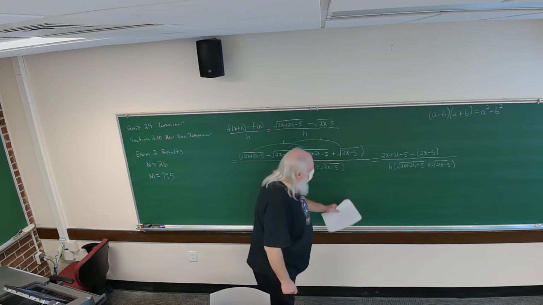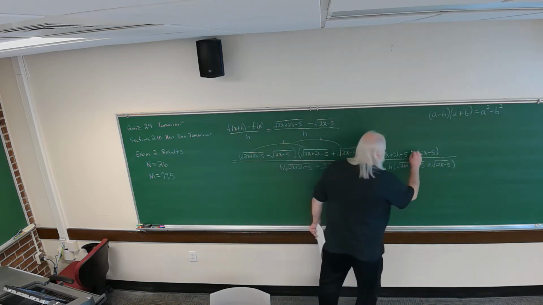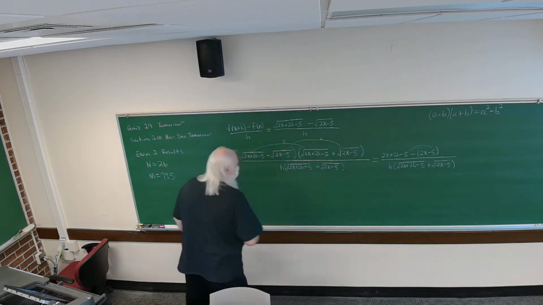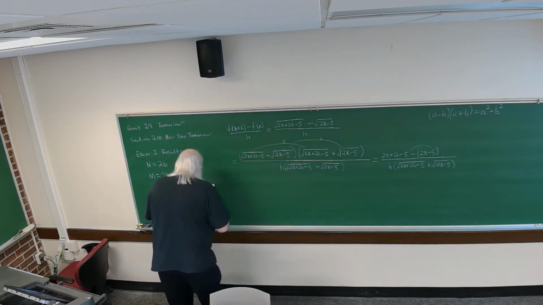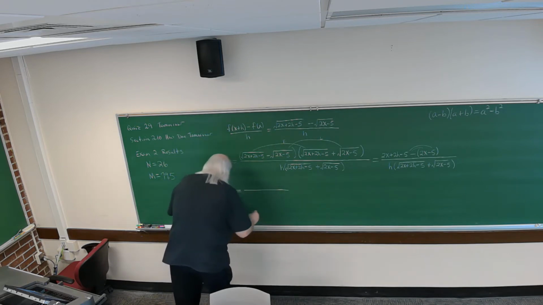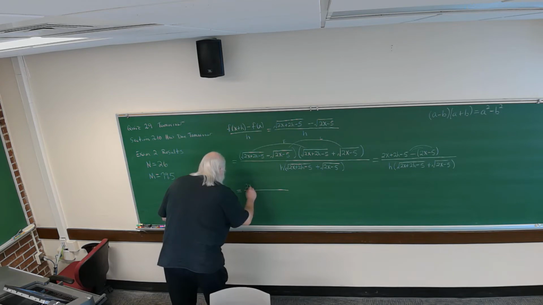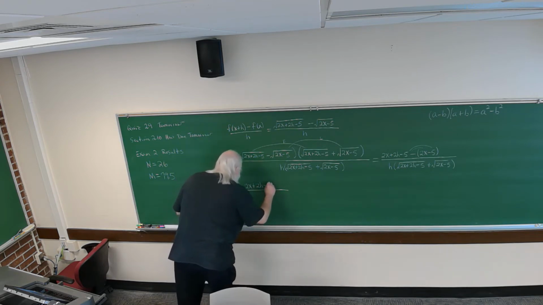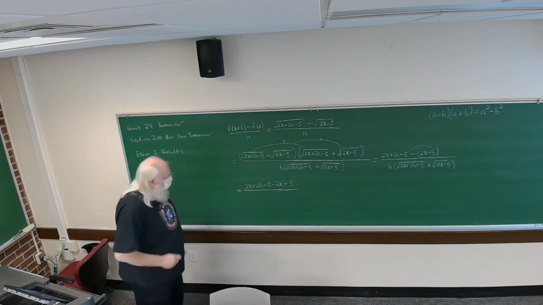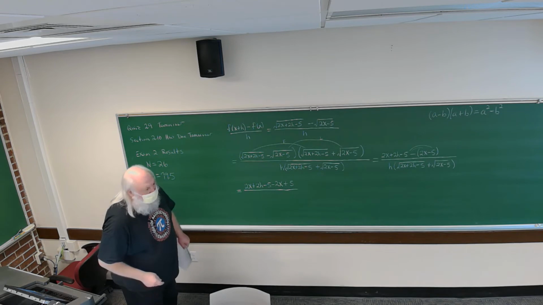Well, you know, you got to now distribute the minus sign inside the parentheses. And when we do that, we have 2x plus 2h minus 5 minus 2x plus 5 all over that denominator.